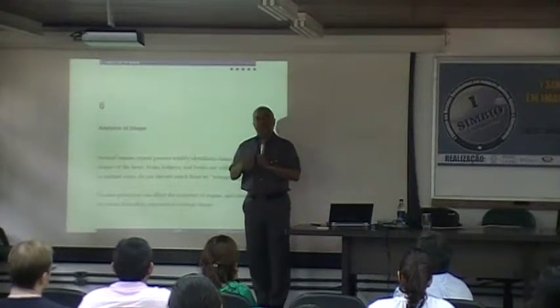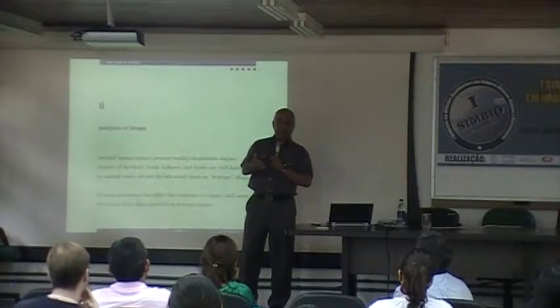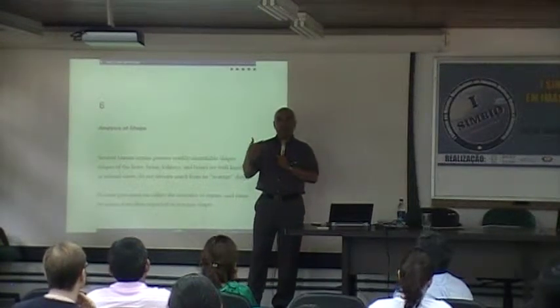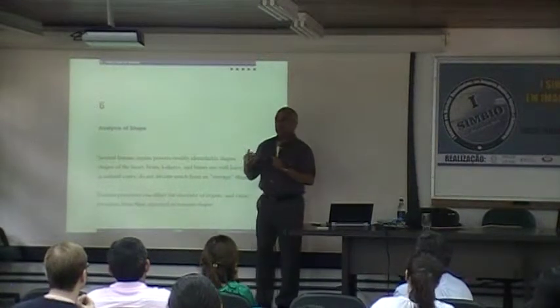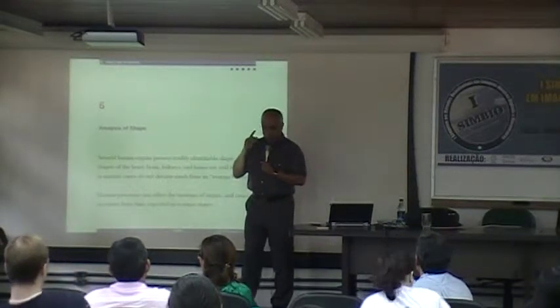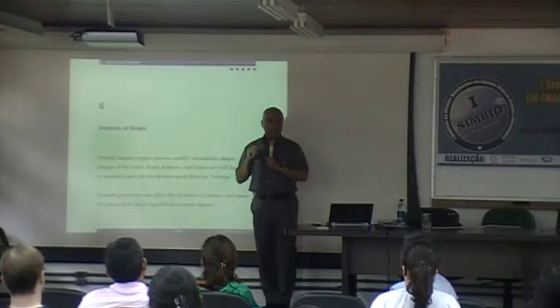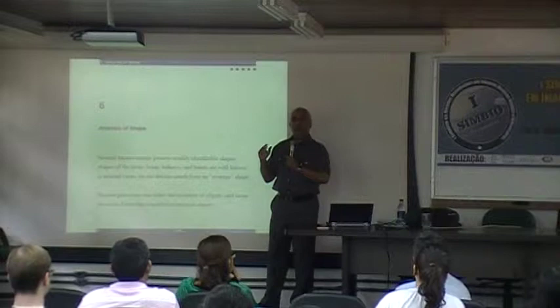When you filter an image, the result is an image. When you enhance an image, the result is an image. You may want to make the image look cleaner, better, sharper, prettier, whatever. But the result is another image. But when you perform segmentation or detection of an object or region of interest, the result is not an image anymore.